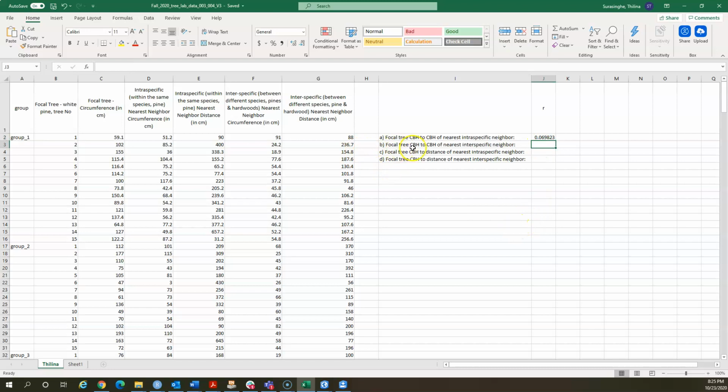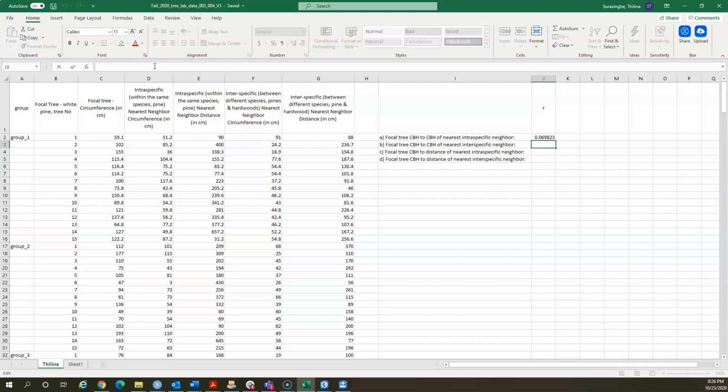It's going to be focal tree CBH and the CBH of the nearest interspecific neighbor, okay? So focal tree is this one, still column C, versus interspecific CBH. So interspecific CBH is actually column F, right? Interspecific nearest neighbor circumference. So how do I do that?